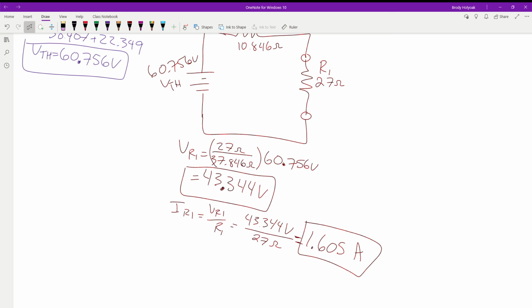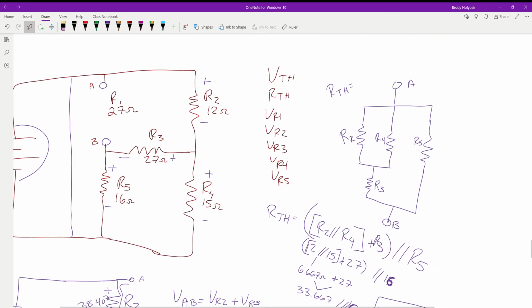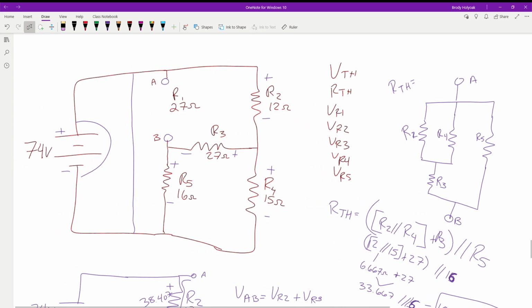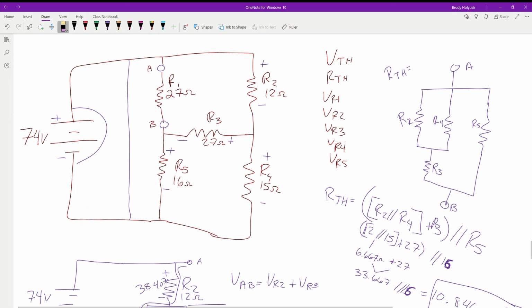So we got 43.344 volts and 1.605 amps. So we'll come back to our original problem, and we'll put those values in.